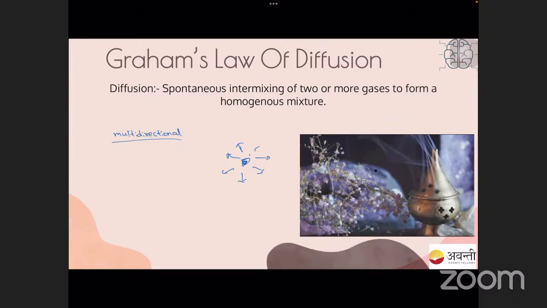Now we cannot say that diffusion will occur only through your door, only through your window, and it will not go through any other possible open spaces. You cannot say like that. It will go through all the directions, all possible ways. We cannot say it will go only through one direction because we are not restricting anything here. There will be a large open area so that it can diffuse easily.